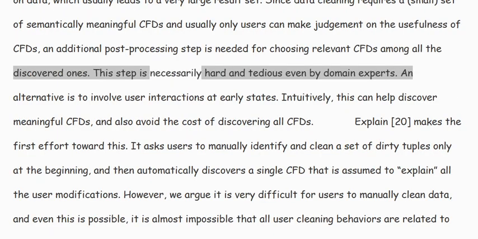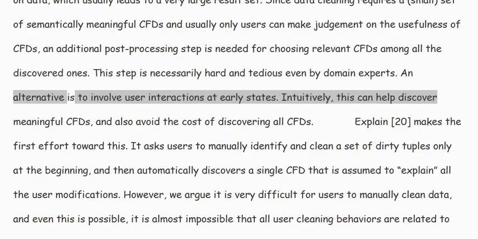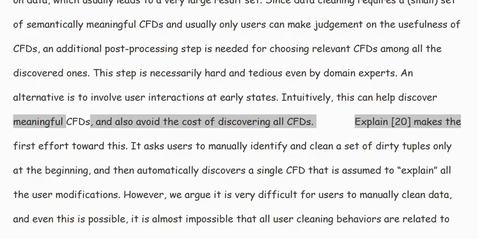This step is necessarily hard and tedious even for domain experts. An alternative is to involve user interactions at early stages. Intuitively, this can help discover meaningful CFDs and also avoid the cost of discovering all CFDs.